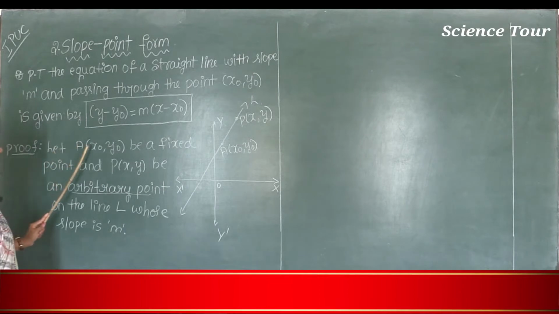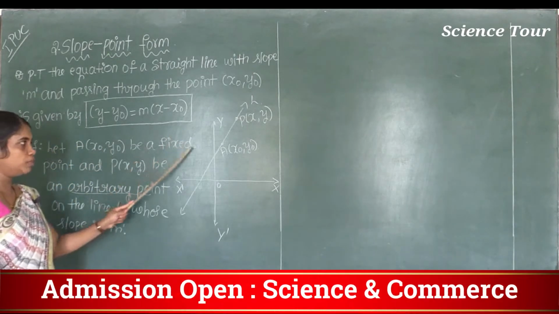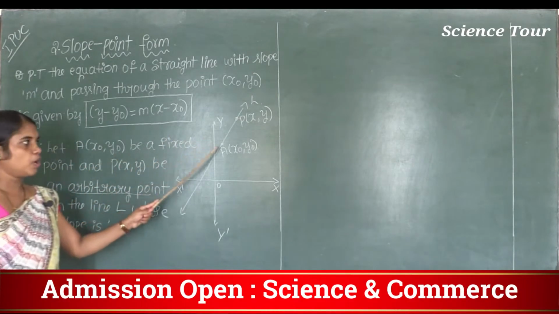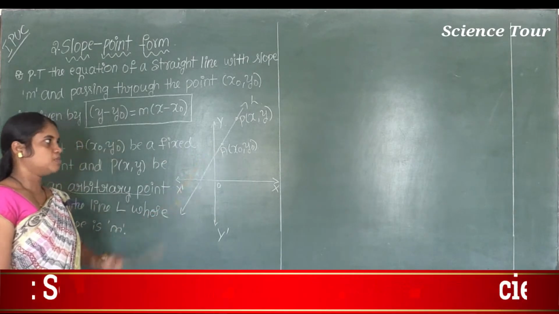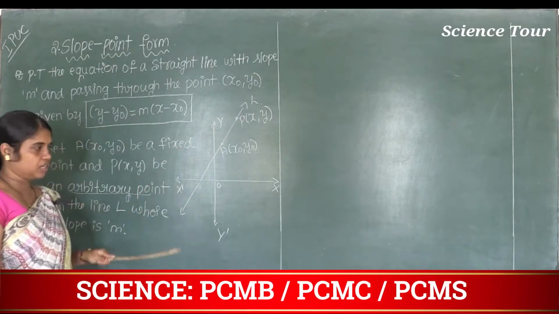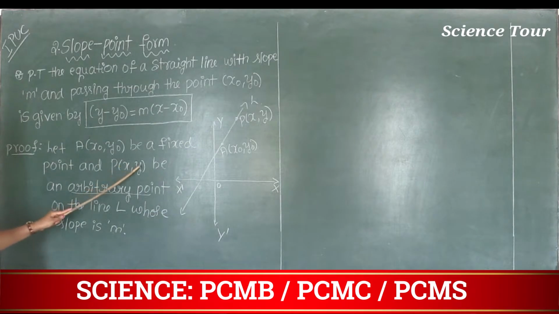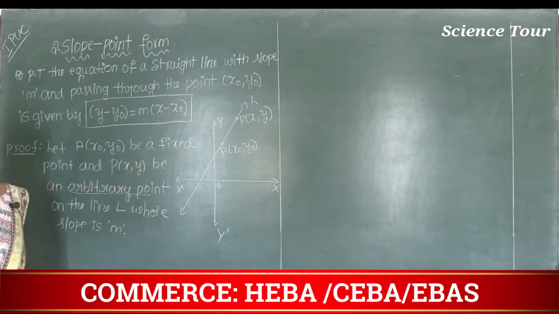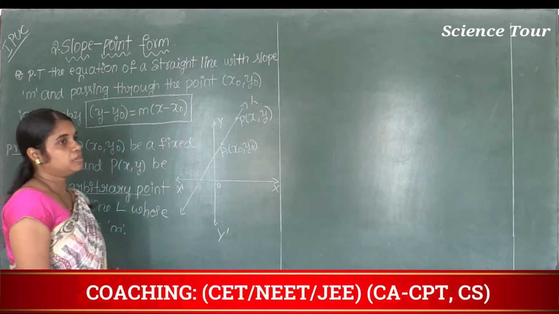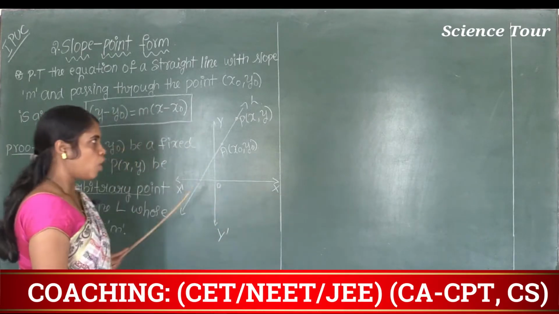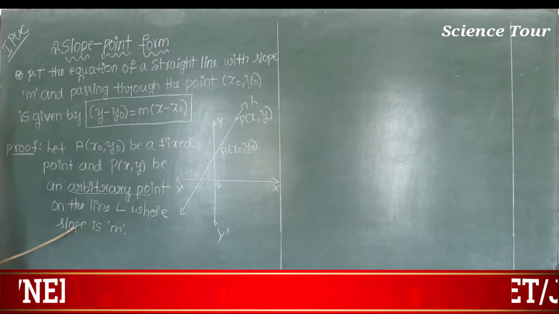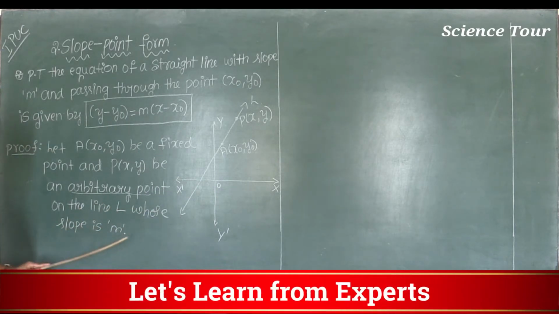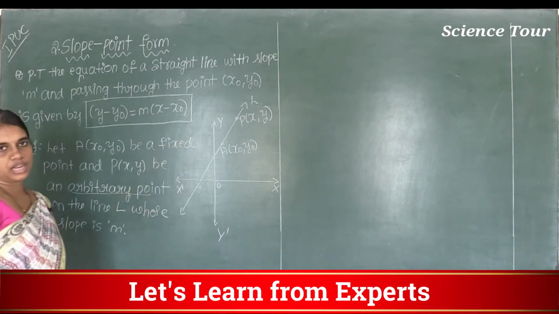Let capital letter A of x naught comma y naught be a fixed point, and point P, whose coordinate is x comma y, be an arbitrary point on the line L, whose slope is m. Arbitrary point means it is a moving point. So let m be the slope of this line L.